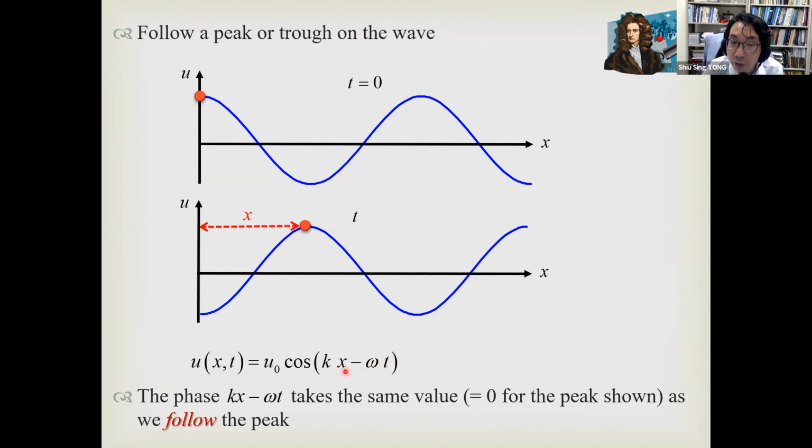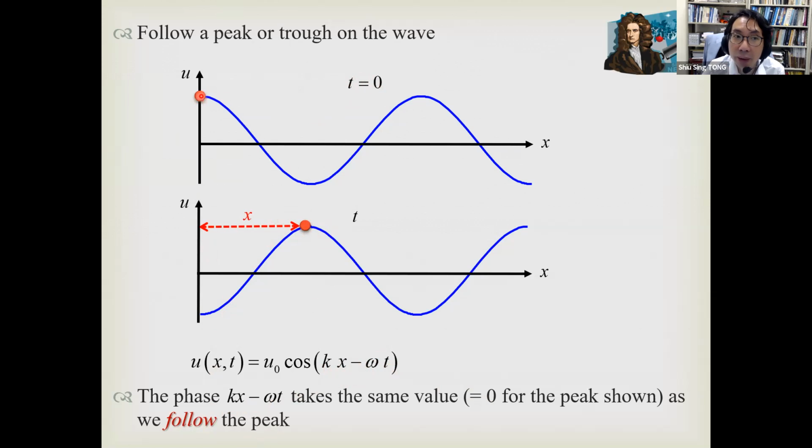The position of the peak is just given by the x such that the combination kx minus omega t is equal to 0. So in doing so, we actually follow the waves. We follow the first peak of the waves.